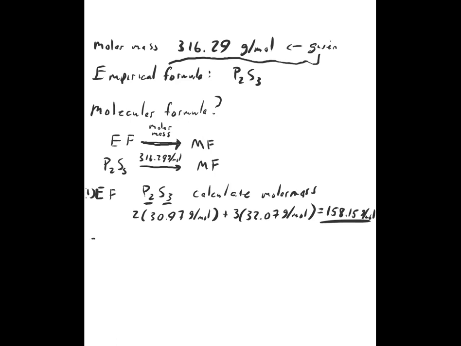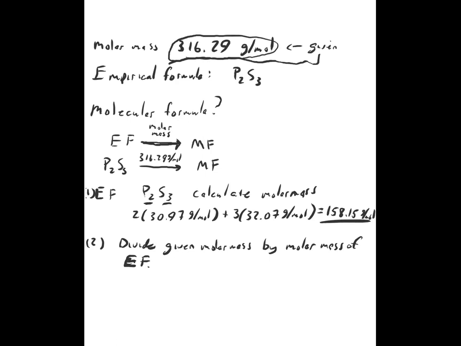Step 2, you divide the given molar mass by the molar mass you calculated, which is the empirical formula, EF. Okay, so you're going to take the one they gave you, because this is for the actual compound, and you're going to divide it by the molar mass that you just calculated, the empirical formula. So let me write it this way.